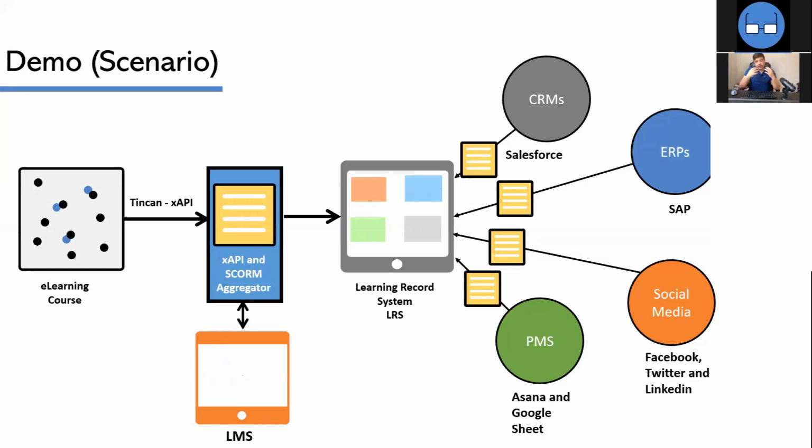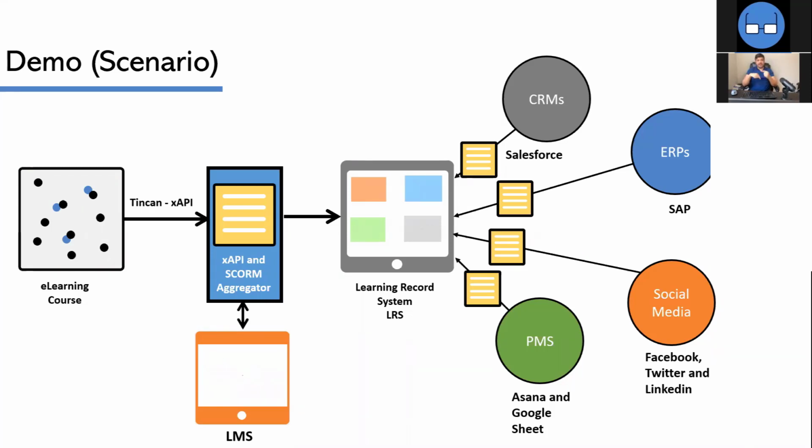So I uploaded my xAPI course on SCORM Cloud, and with the help of uploading the course in SCORM Cloud, it can also give you SCORM 1.2 or whatever format you need. So now you have an xAPI course that was uploaded in SCORM Cloud, and you are getting a SCORM version from this aggregator. What I did was I uploaded this SCORM 1.2 into my LMS.